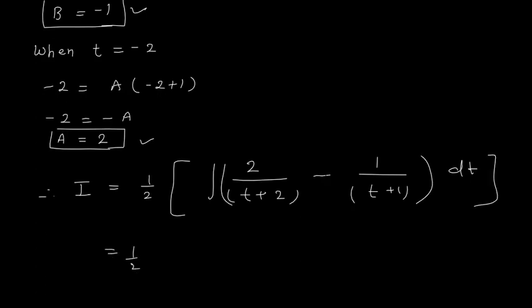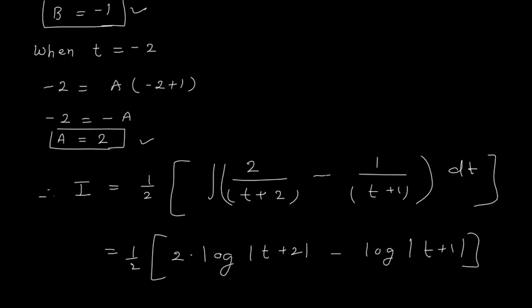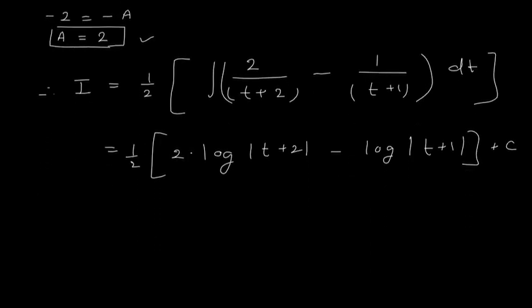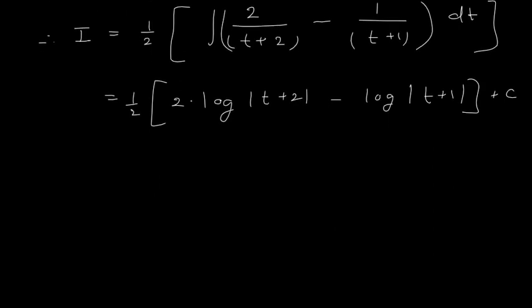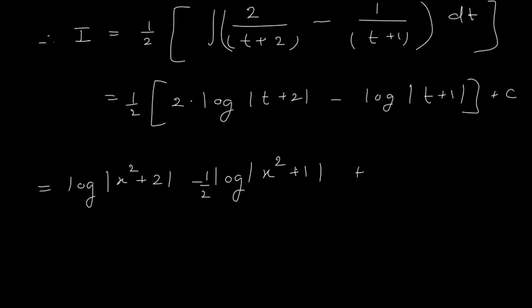Here it is 2 into log of t plus 2 minus log of t plus 1 plus some c. Now I will replace the value of t and open this bracket also. So this is log of t plus 2, and the value of t is x square, so it is x square plus 2 minus log of x square plus 1 plus constant c.